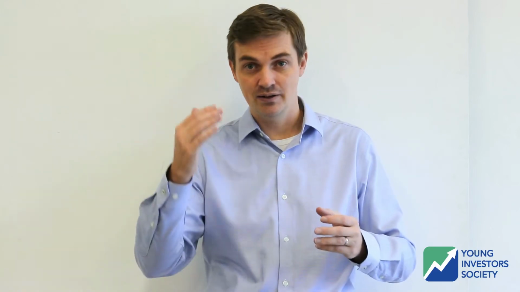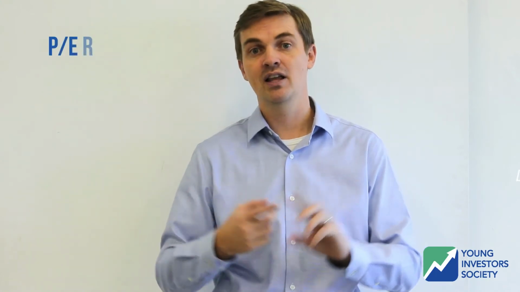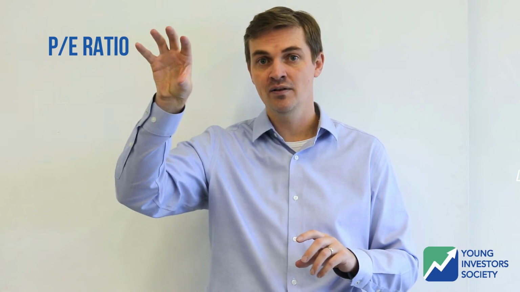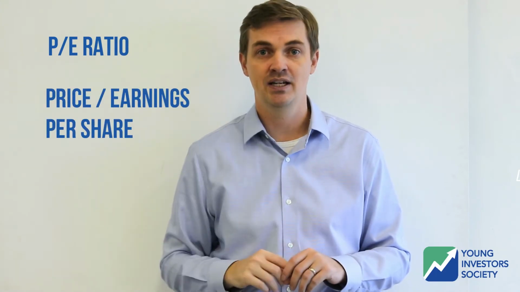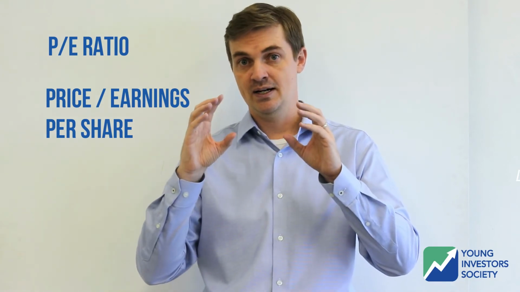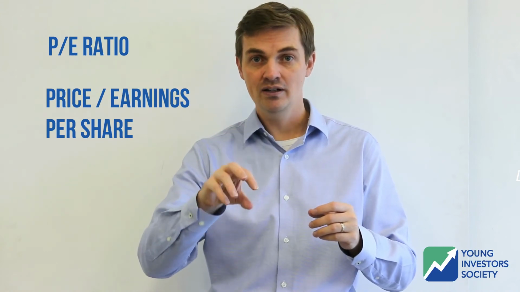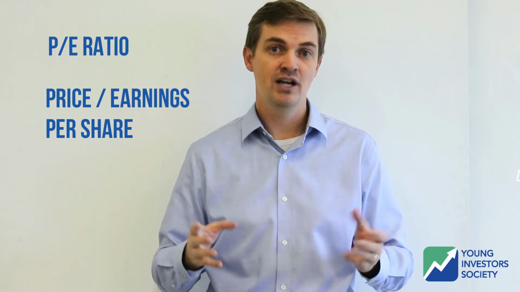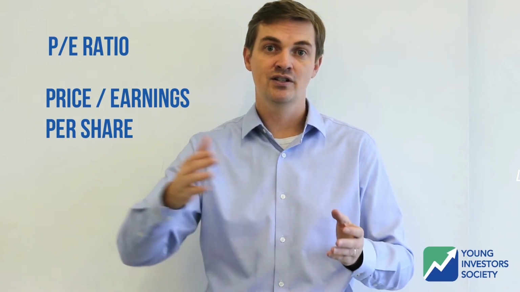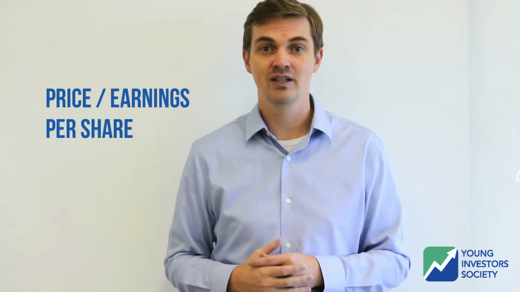The next one, we'll get into the valuation in the statistics. So first you have the PE ratio. We've learned about this in our lessons, but this is the price per share over the earnings per share of that company. So if a company is priced at $20 a share and it generated $1 per share in earnings, then it would be a 20 times PE ratio, or 20 years' worth of those earnings is what you're expected to wait before you're totally paid back.